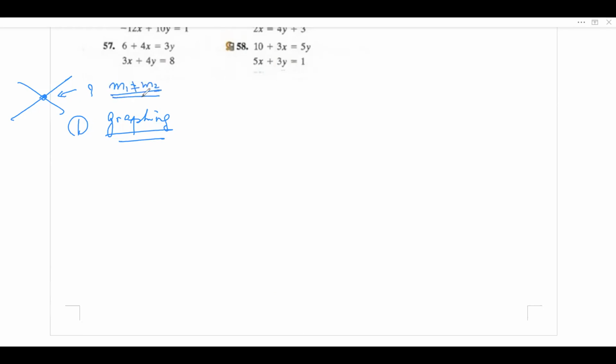The slopes cannot be the same. If the slopes are the same, they are possibly parallel, or possibly they overlap. So first, make sure their slopes are different, so they have a common point. The first method is graphing: we can graph both linear lines and find their common point.